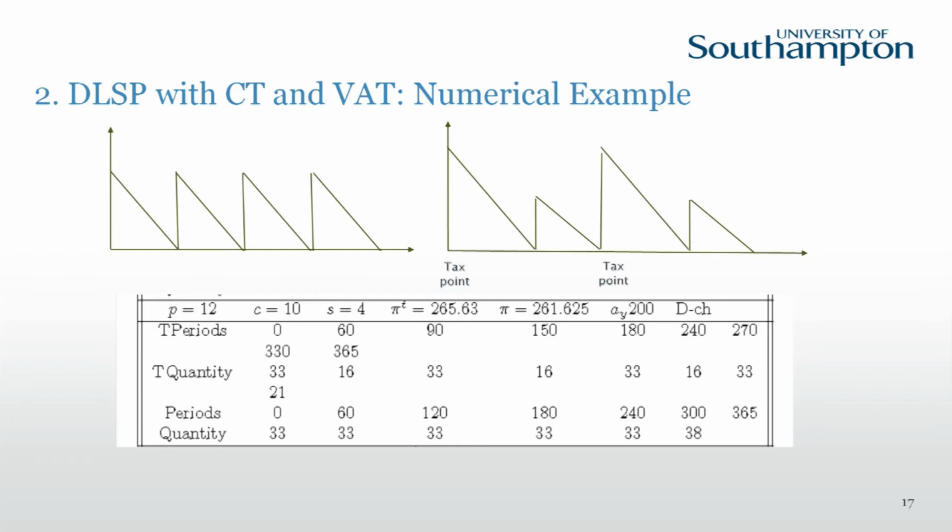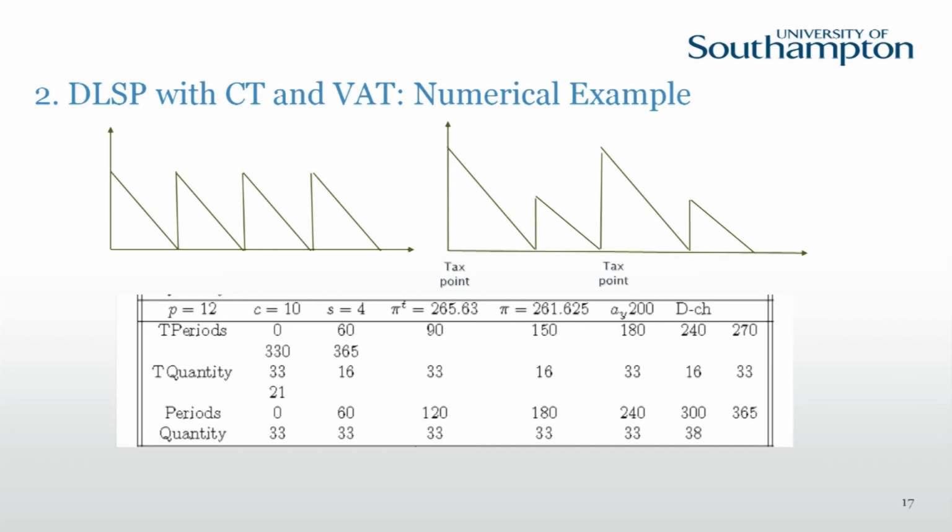In our tax-adjusted model, at the tax point date, it should order 33, so it is 60 days, and from here it only orders 16, and this is 30 time periods. The same pattern happens in other time periods.